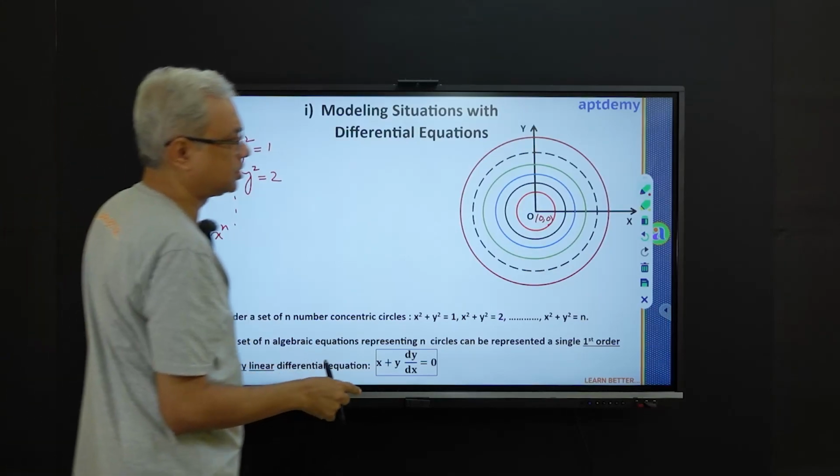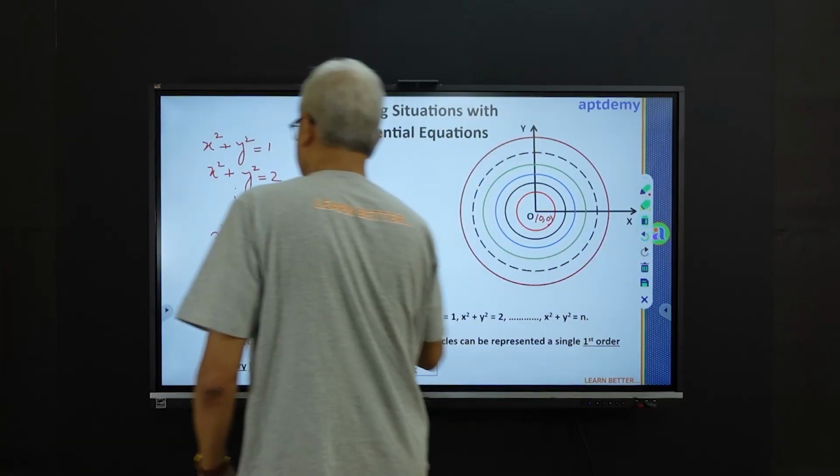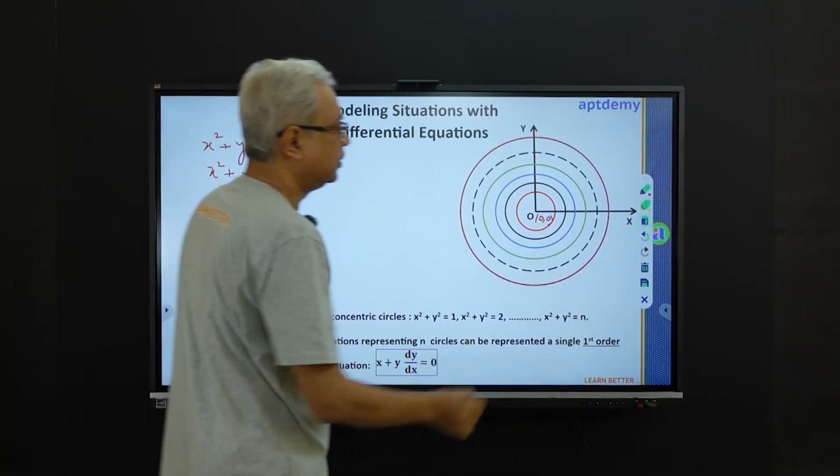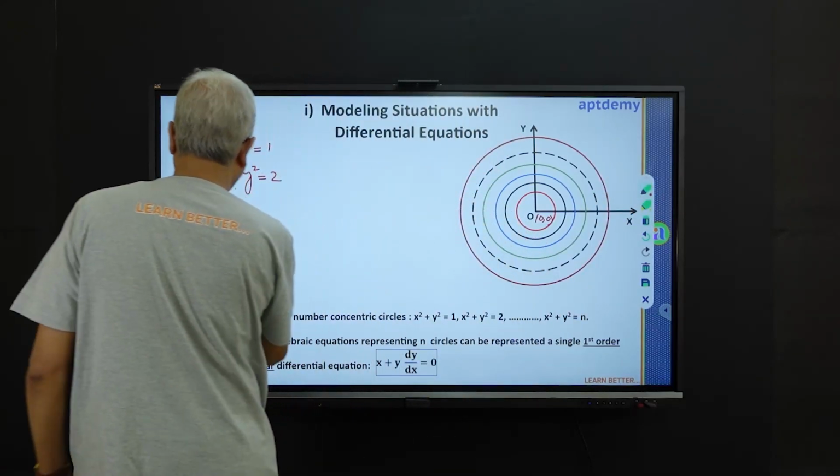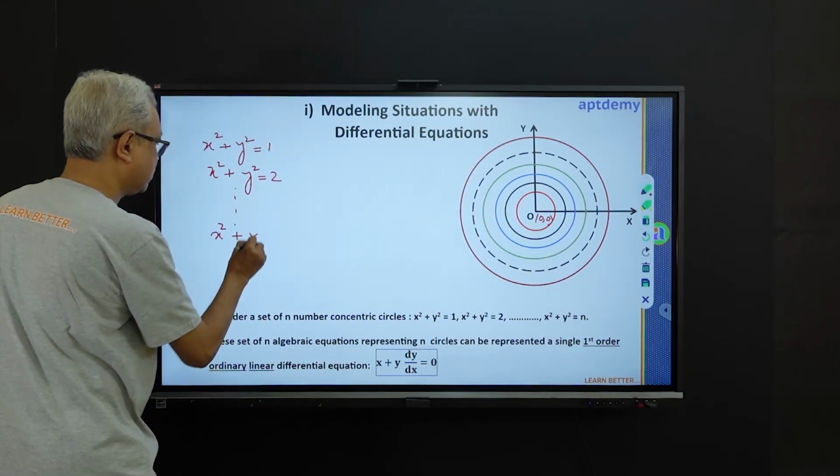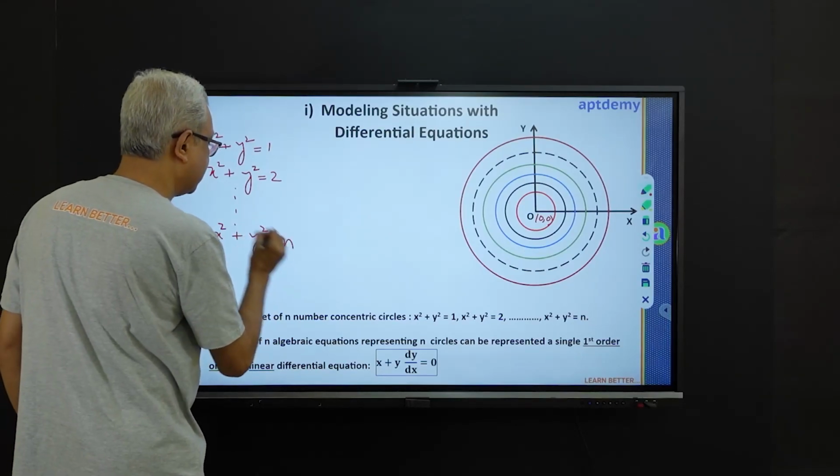Consider n number of such circles, up to x square plus y square equal to n.